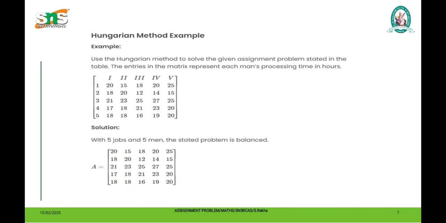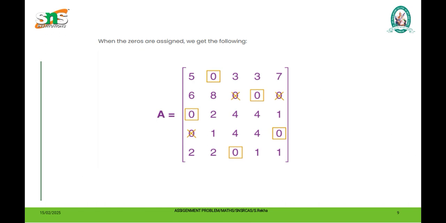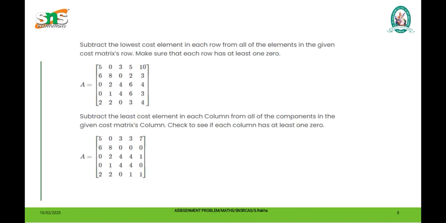In the second row, 12 is the minimum, so we subtract 12 from each value: 18 minus 12, 20 minus 12, 12 minus 12, 14 minus 12, 15 minus 12. In the third row 21 is the minimum, in the fourth 17, and in the fifth 16. So subtract the minimum value from each element, and now you will get the values like this.